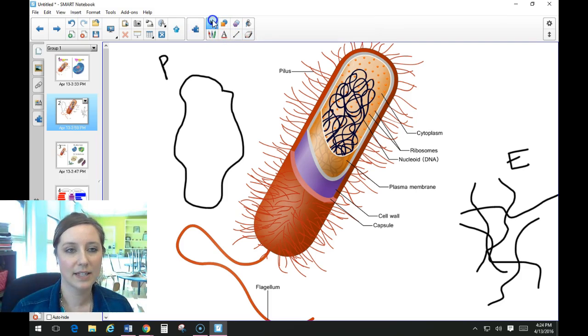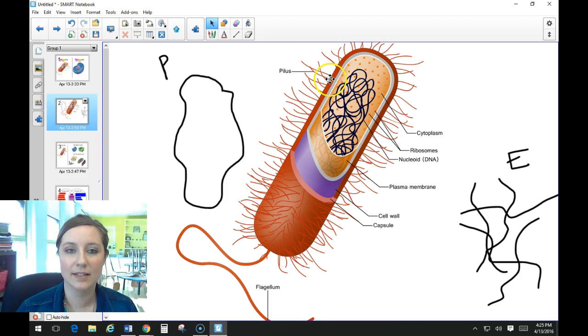The other things that we're seeing in this cell here, these little orange dots are ribosomes. The orange fluid inside the cell is the cytoplasm. And then we have a plasma membrane, a cell wall, and then on the outside of that we have the capsule. And on this capsule are these little things called pili. Each one of these is a pilus.